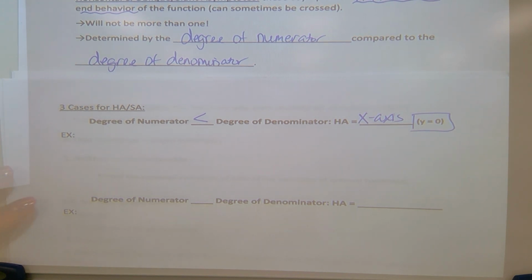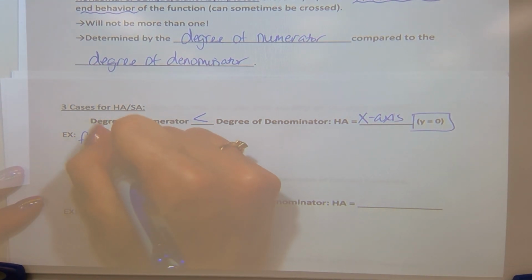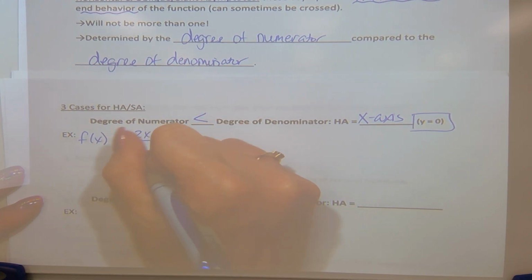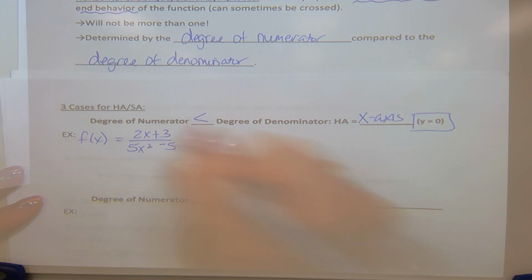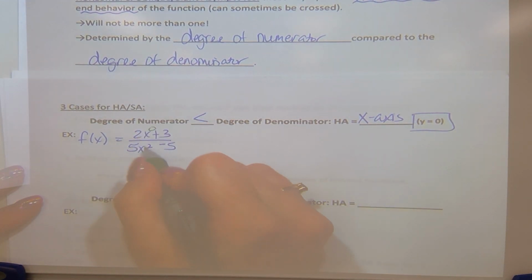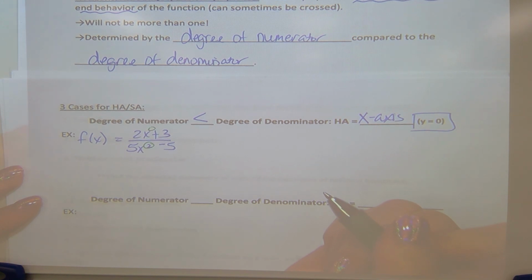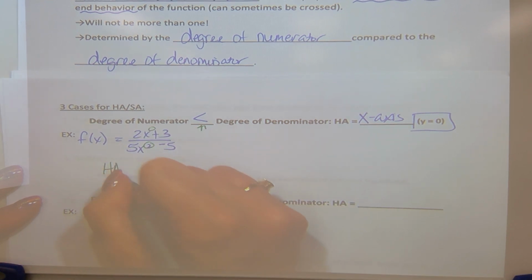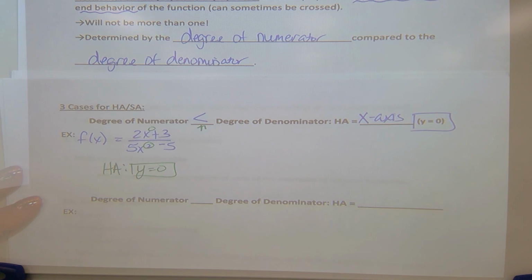For example, if I have the function f of x equals 2x plus 3 over 5x squared minus 5, the degree of my numerator is 1, the degree of my denominator is 2. So the degree of the numerator is less than the degree of the denominator. My horizontal asymptote is at y equals 0, the x-axis.